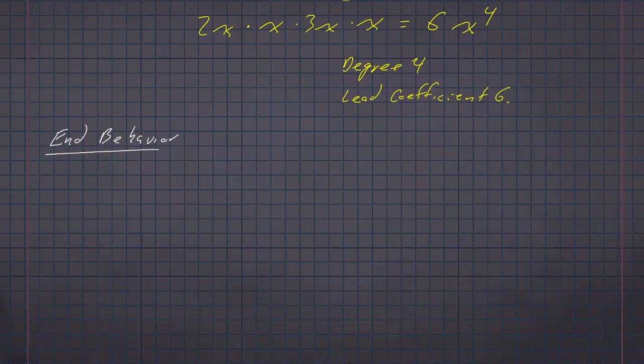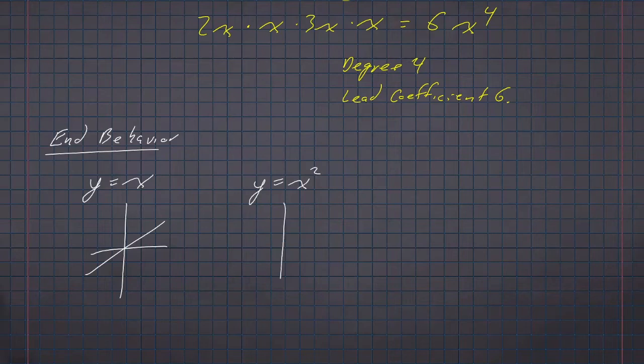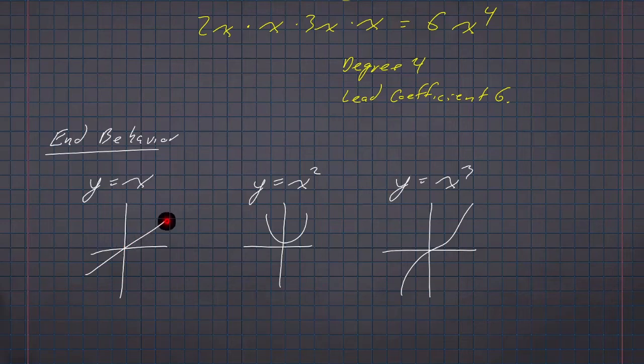If you look at some of the graphs we're familiar with, y equals x, y equals x squared, and y equals x cubed, you see this interesting pattern where going to the right, the function is always heading in a positive direction.